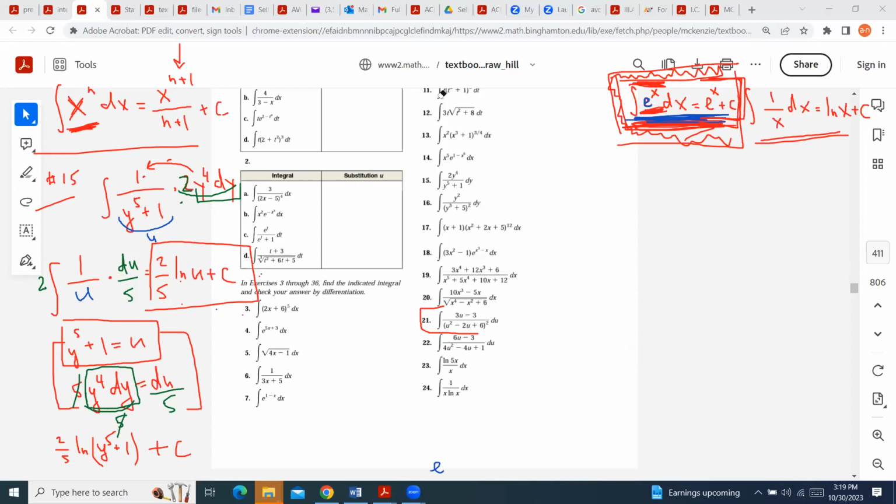So I'd like to take problem 23 that again has a logarithm, but the logarithm is not in the position where we need it. So we're going to integrate ln of 5x divided by x.